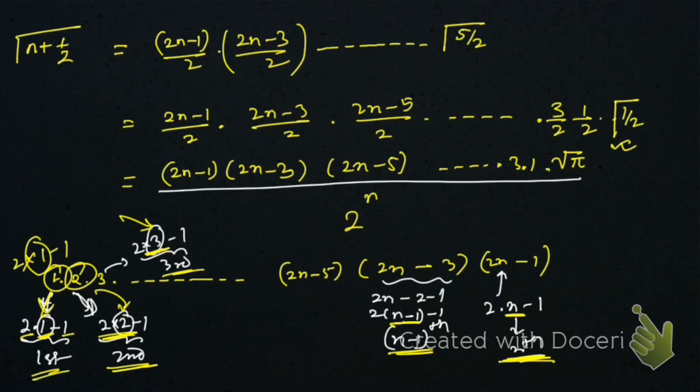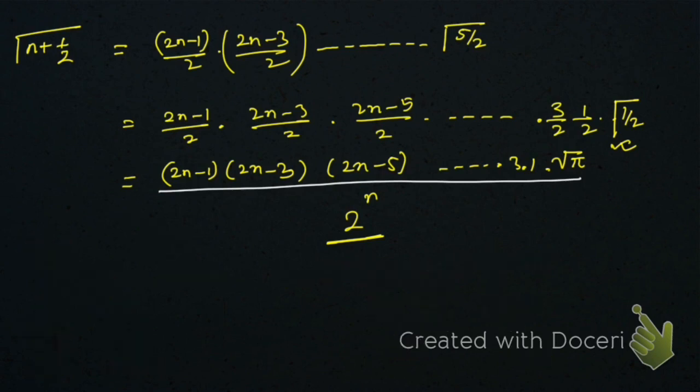So hope it is clear. So as this is 2 into n minus 1, here we have n, so it must be the nth term. So the number of 2's must be n, so that's why 2 to the power n, right? I hope you have understood this.